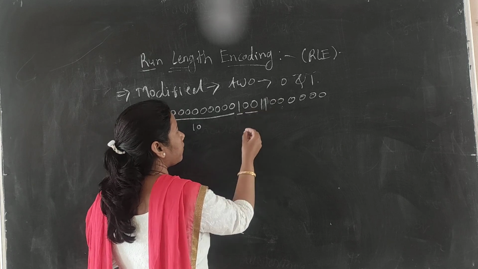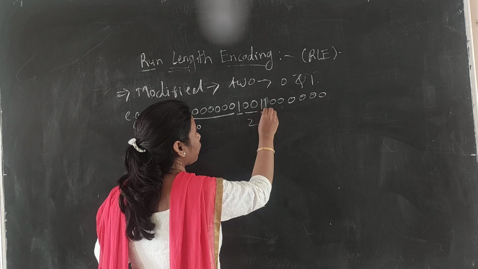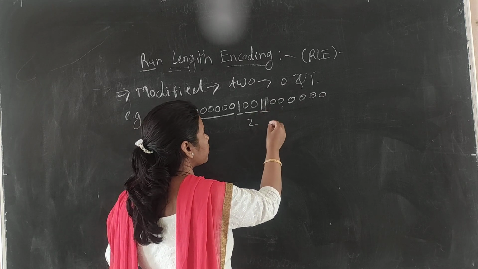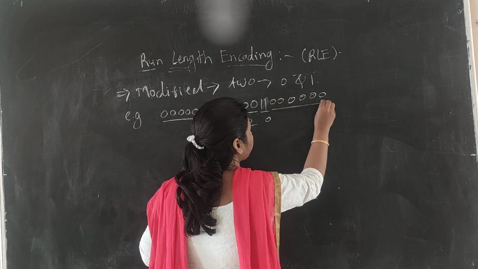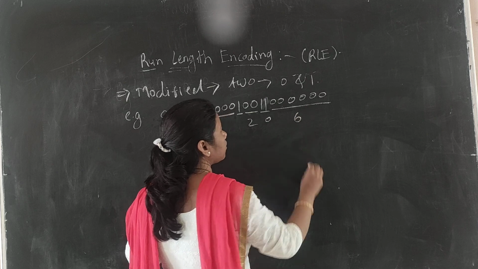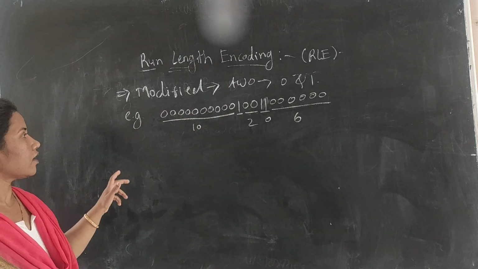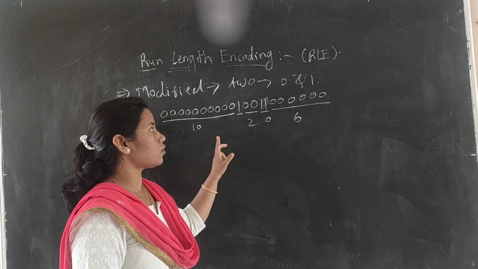Then two zeros are there. Then there is another 1. There is no 0 between, so we write 0. Then there is a group of 1, 2, 3, 4, 5, 6. Six zeros are there. In this way we can separate the ones.